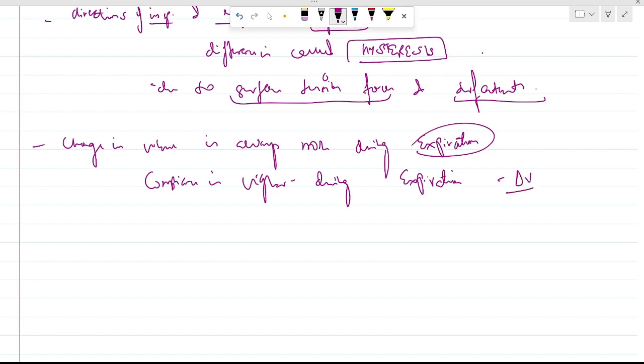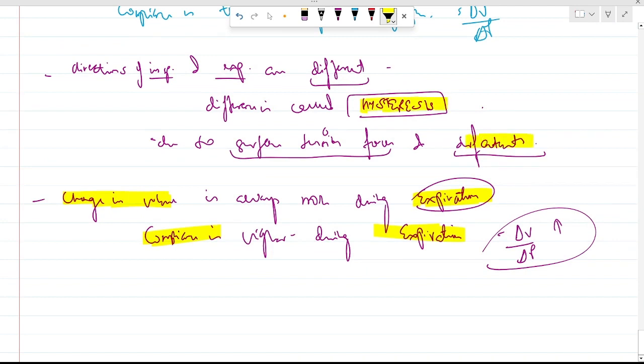This delta V by delta P is higher during expiration. It's a very important fact here. Change in volume is more during expiration, so compliance is higher. The hysteresis is due to surface tension forces and surfactants.